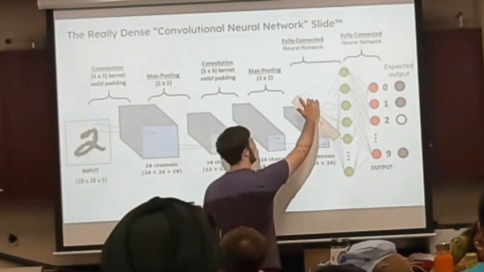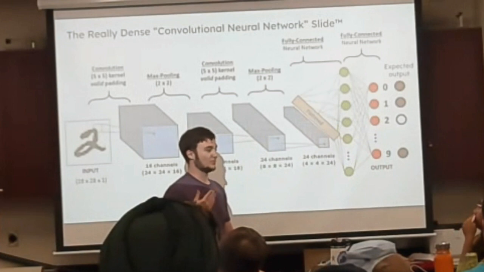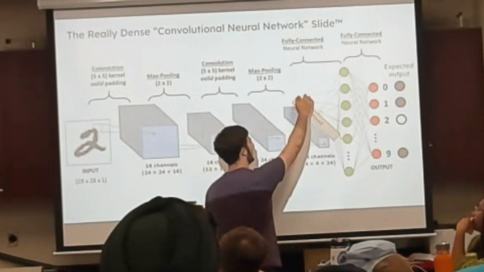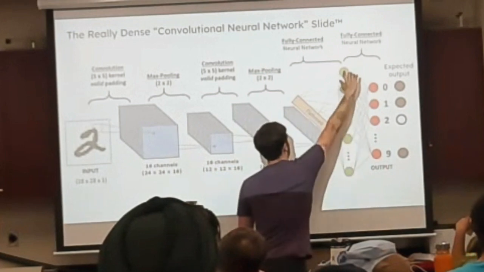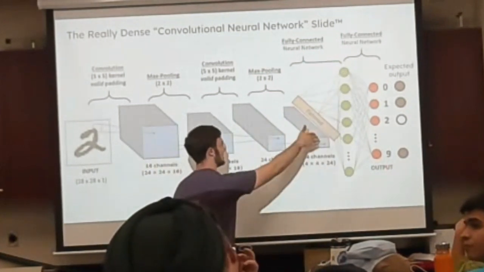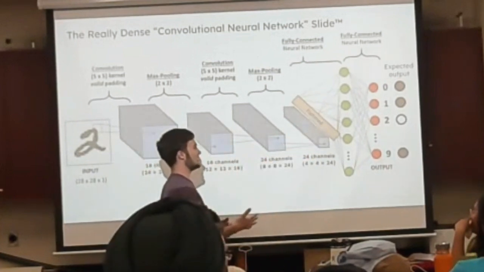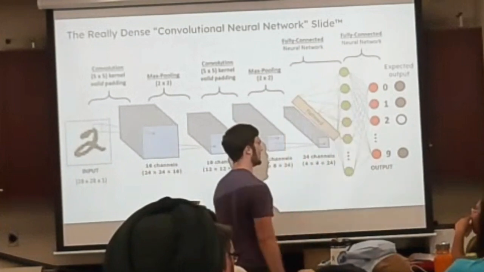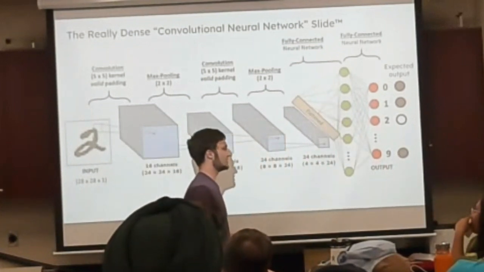So it has like some connection strength. And the way we calculate the next output is multiply the input node by the connection strength, and then just add that all up for each of the different input nodes. So basically, every single feature we've detected in this flat layer can somehow affect every single node in this hidden layer. Finally, we need to scale that down to 10 different numbers.